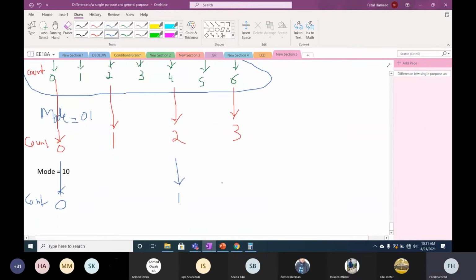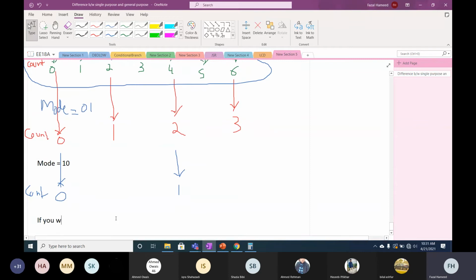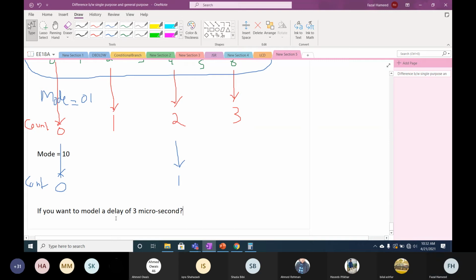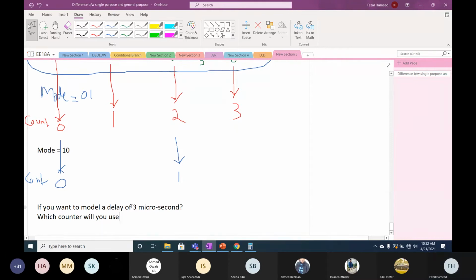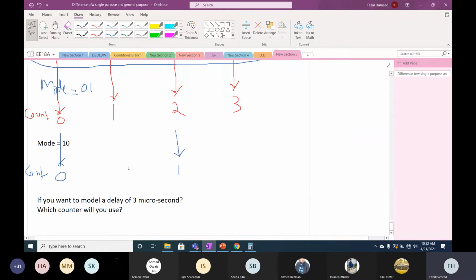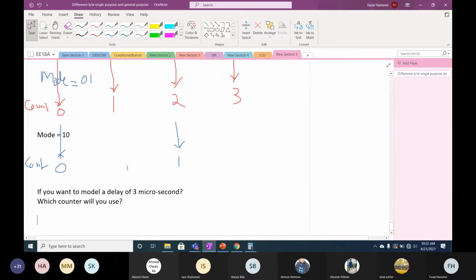Now I have a question. If you want to model a delay of 3 microseconds, or 59 microseconds, which mode will you use?